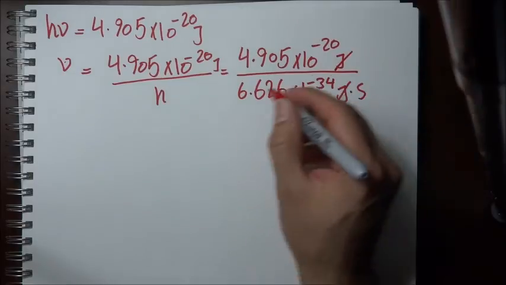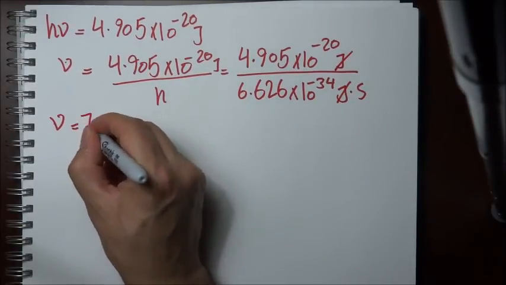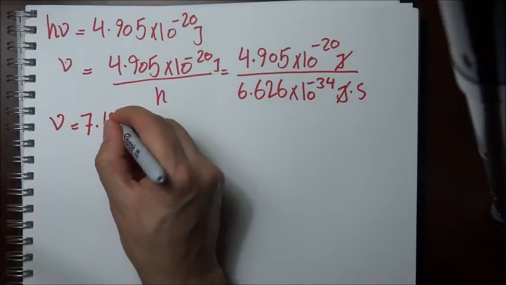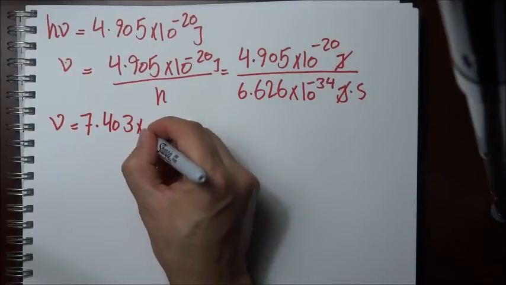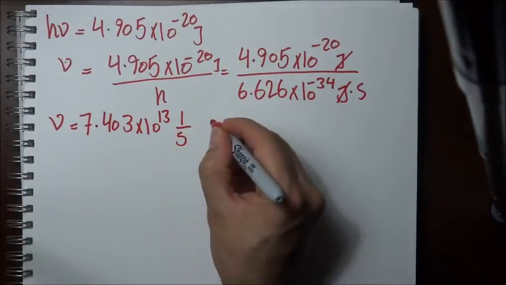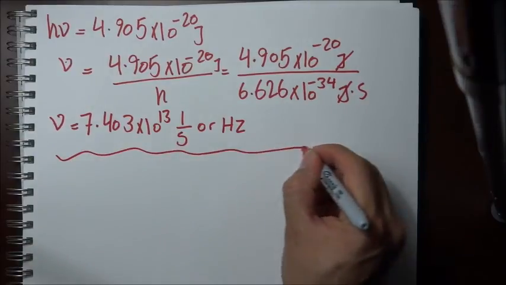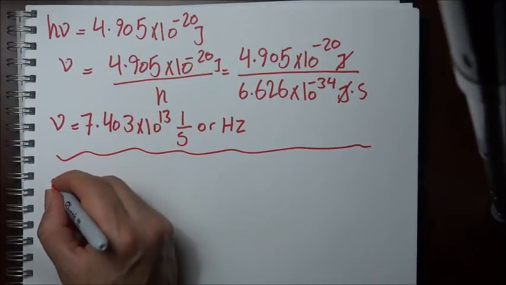Cancel joule by joule, you get frequency equal to 7.403 multiply 10 to the power of 13, 1 over second, or hertz. So we got the frequency.